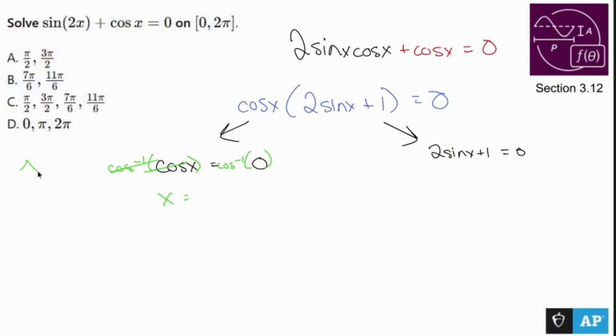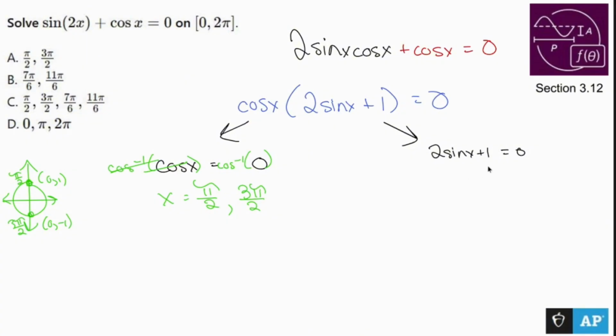If I draw a quick unit circle, an x value of 0 lives at 0, 1 and at 0, -1. So that happens at pi over 2 and 3 pi over 2. So x is going to equal pi over 2 and 3 pi over 2.